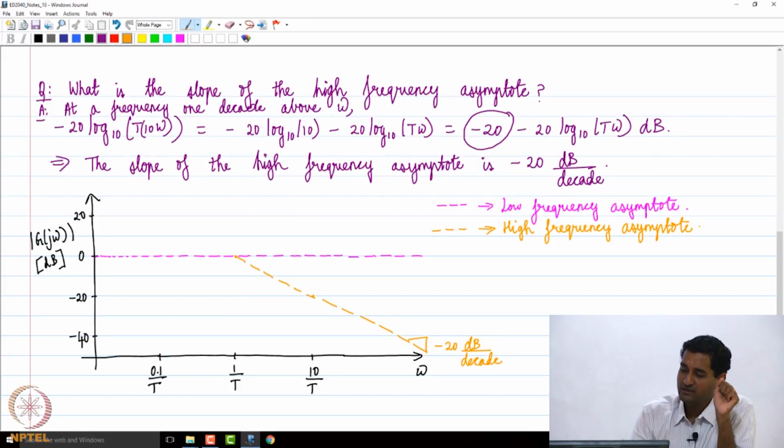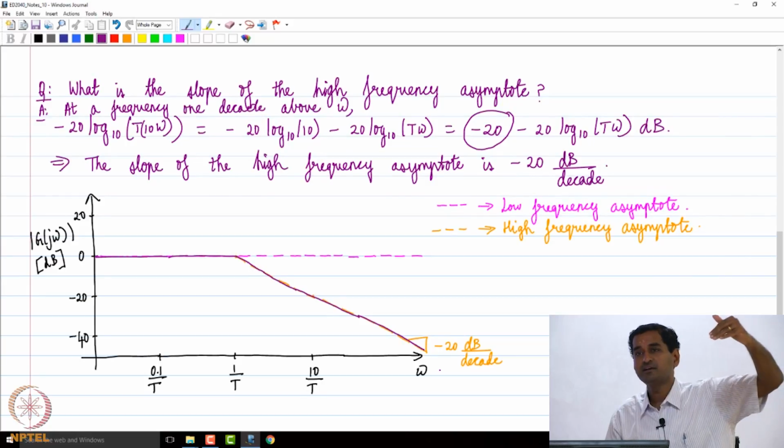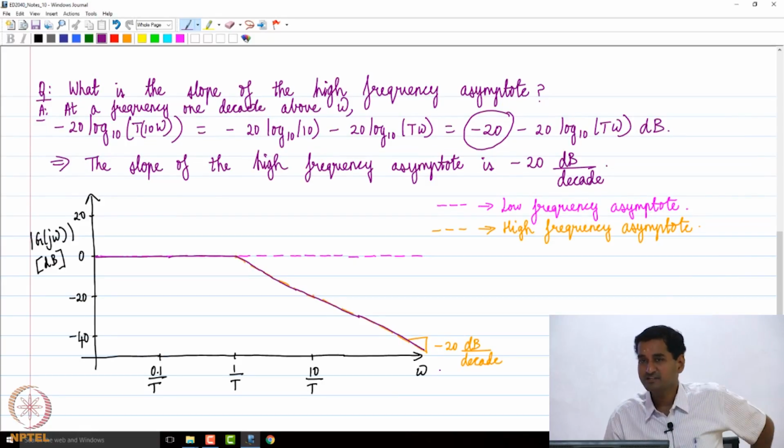So what I am going to draw is the first approximation, by a solid curve. The approximation of the factor 1 by Ts plus 1 is going to be this. It is going to remain 0 decibels till 1 by capital T, and after 1 by capital T it is essentially going to reduce at the rate of minus 20 decibels per decade.